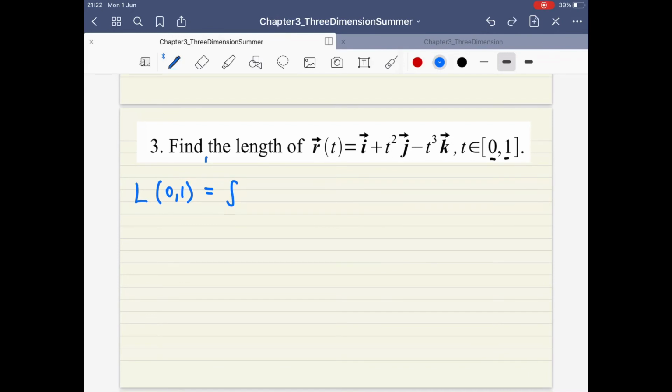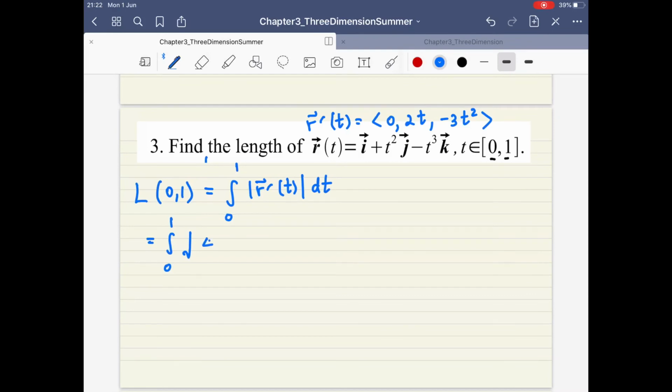It is an integration from 0 to 1 of the small pieces of the tangent line. So what you need to find is your R prime, which is 0, 2t, negative 3t squared. So this one is the integration from 0 to 1.